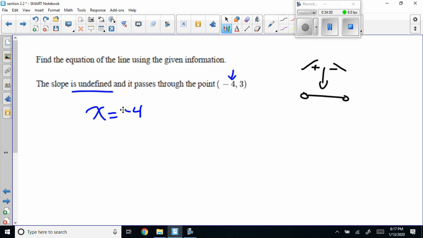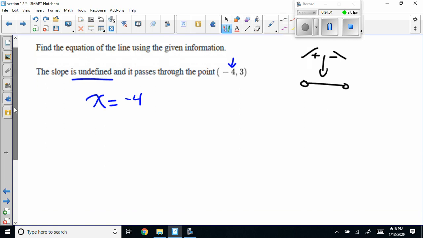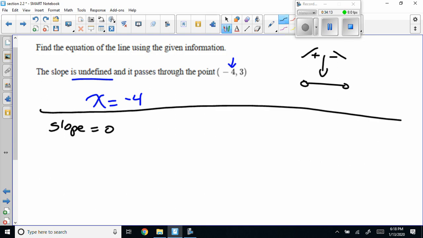If this said the slope, let's just go ahead and kill 2 birds with 1 stone. If this happened to say slope was 0, for grins and giggles. Slope was 0 and passes through this point. Then what type of line has a slope of 0?